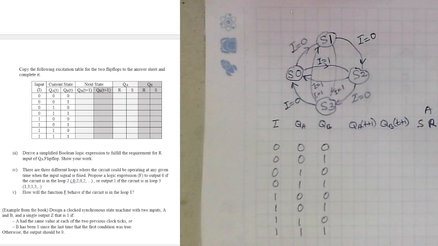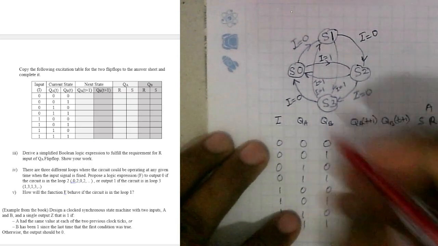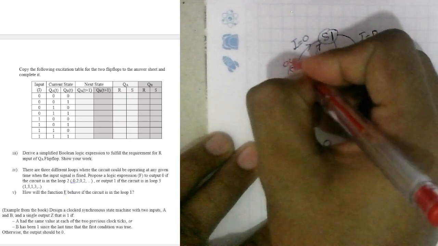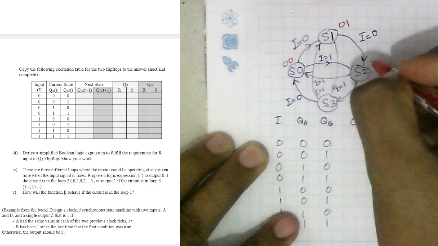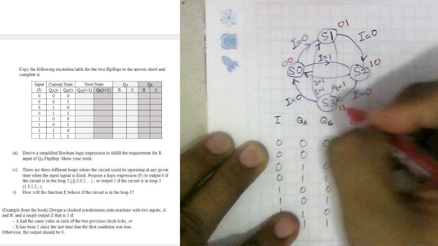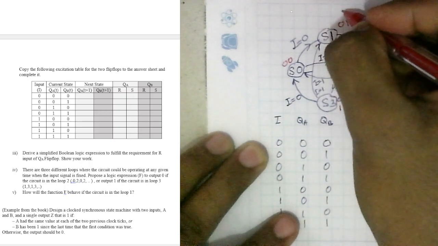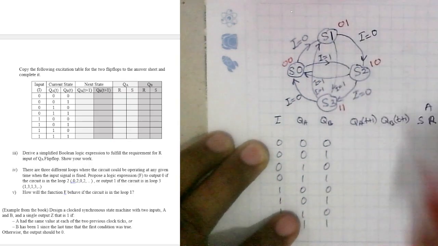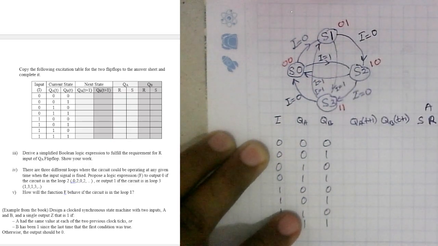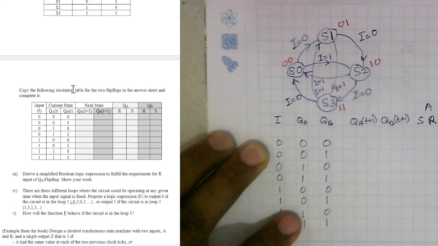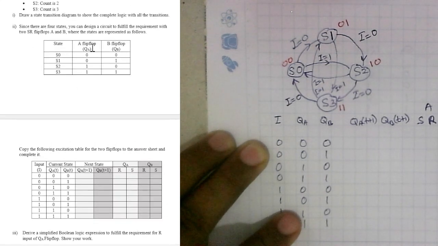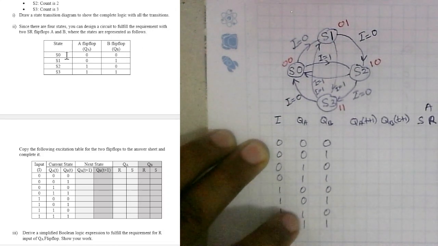Okay, so as we allocated, S0 is going to be 0 0, right? This one 0 1, 1 0, 1 1, right? This is the order of Q. You can determine the order as given in the document here. You can see state 0: QA is 0, QB is 0, means S0, right?